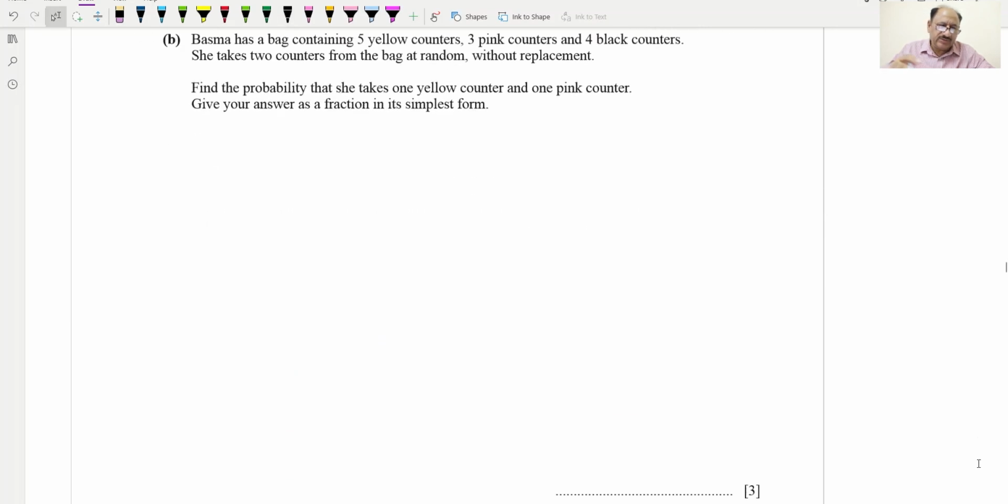Now Basma has a bag containing 5 yellow counters, 3 pink counters and 4 black counters. She takes 2 counters from the bag at random without replacement. Now this is without replacement, you will have to keep in mind. Find the probability that she takes 1 yellow counter and 1 pink counter.